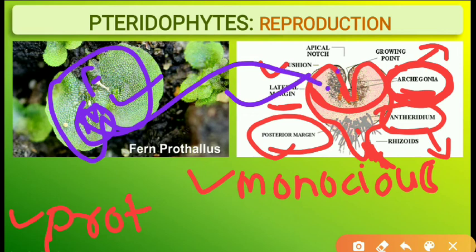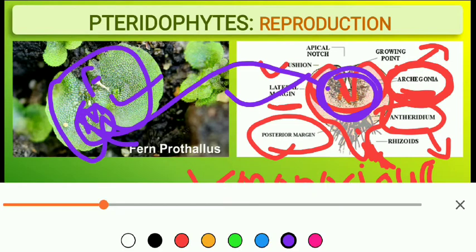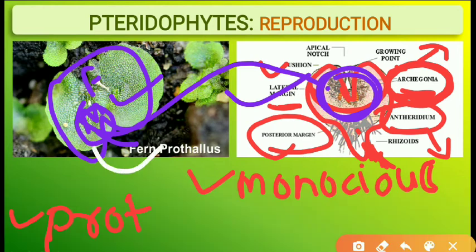Why? Because the female of each prothallus produces a chemical called malic acid, and because of this chemical, the male from one prothallus goes toward the female of another prothallus, like from here to here.